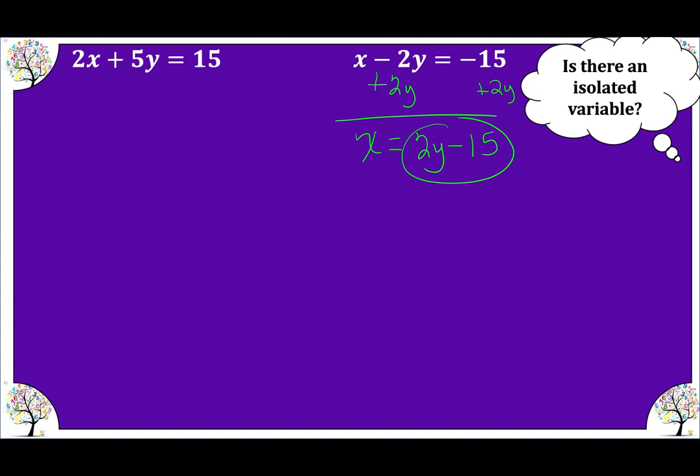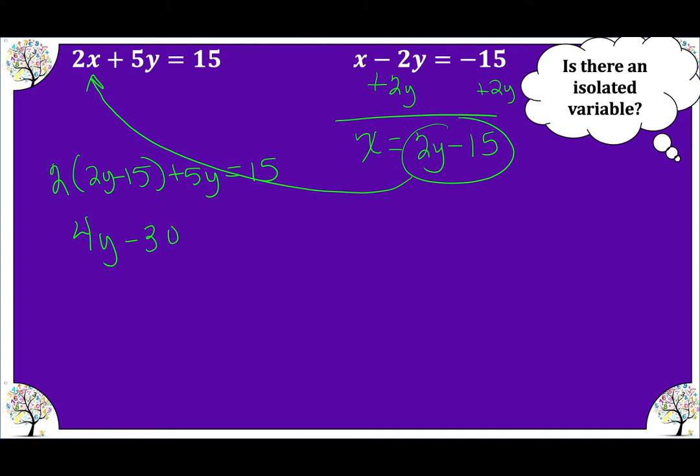I want to substitute this expression in for this x. So 2 times 2y minus 15 plus 5y equals 15. We're going to distribute, and then we are going to combine like terms.